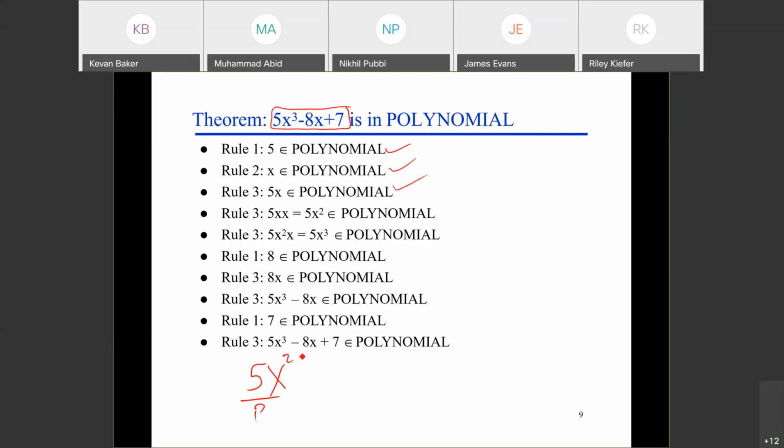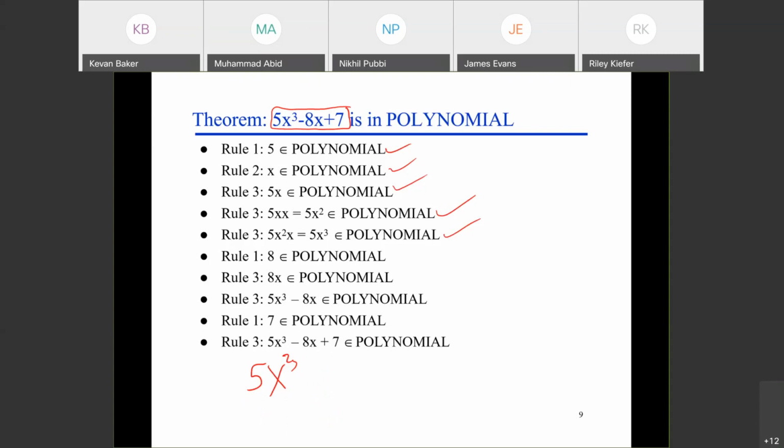Okay, so this way you add another x there, and finally we generate 5x cube in polynomial. We just follow the rules, and I mention here which rules we are following, and we generate 5x cube.